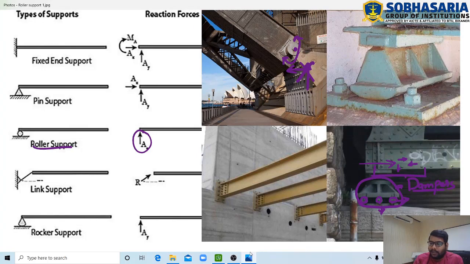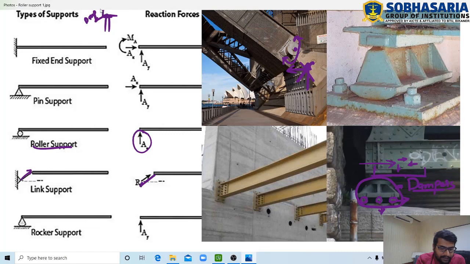Dampers are nowadays used. They are placed where the column pier and the deck slab joints connect. There the dampers are usually placed. Link supports are those supports which will restrain the movement along an inclined direction.